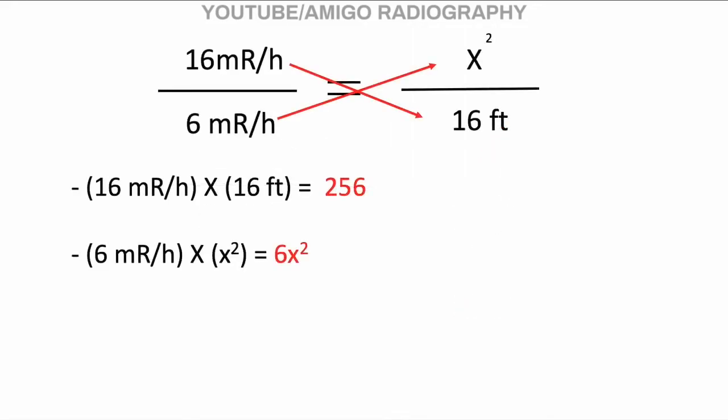In step 2, we cross-multiply both sides of the equation. This gives us 16 milliroentgens an hour times 16 feet, which sums to 256, and 6 milliroentgens an hour times x squared, which sums to 6 milliroentgens an hour x squared.